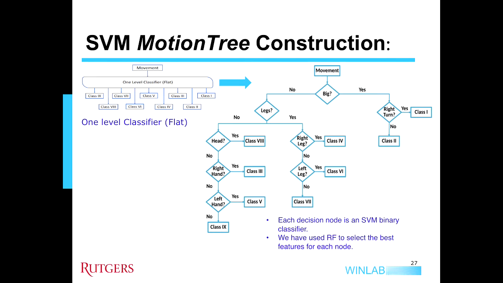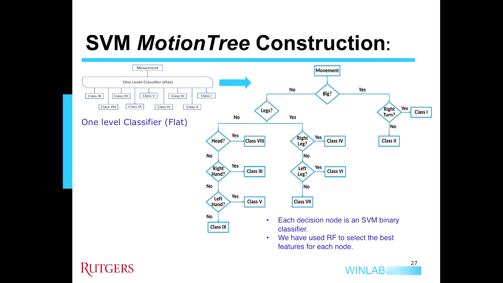How to improve this to classify every movement into each of the 9 classes that we have? We start with a big node that we call, is the motion big or small? So we start by classifying every motion as a big or small family. Big means that you move your entire body. Small, you move one, like head, hands, both hands, both legs, and so on.